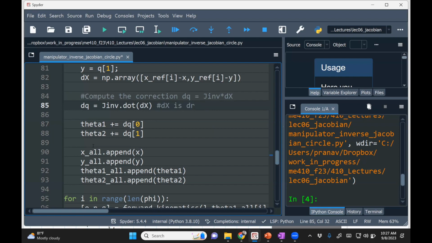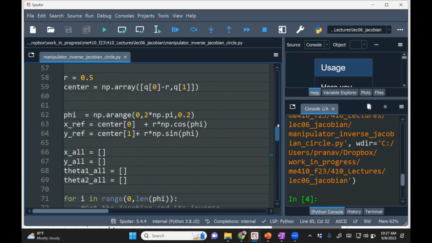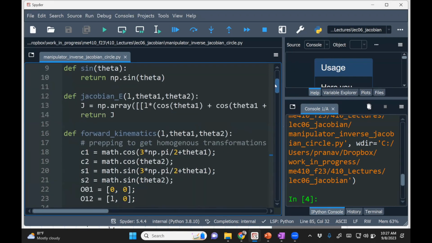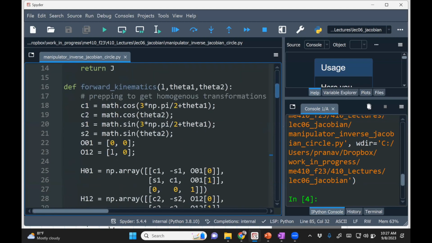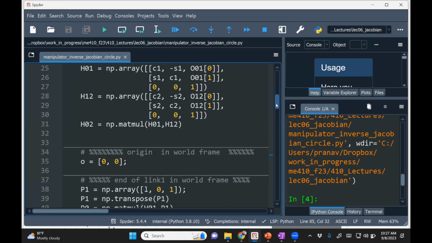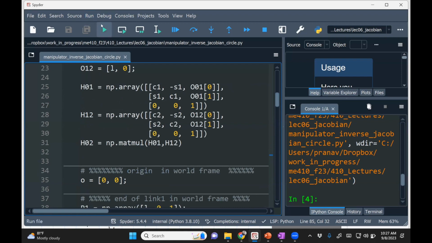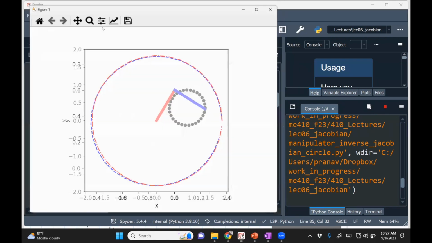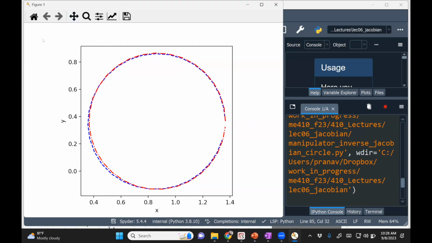Then I update theta1, theta2. That's all there is to it. There is the Jacobian formula, and sines and cosines are not defined, so I use numpy, and then the forward kinematics. Run it again, and of course you can change the curve to be whatever you want. It's straightforward.